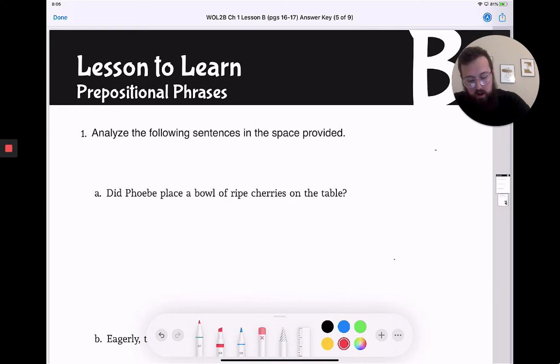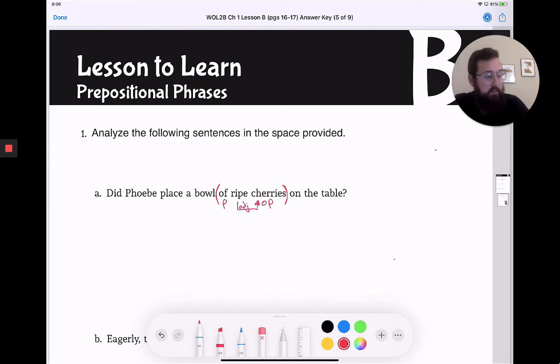So, of ripe cherries is a prepositional phrase. I have of as my preposition. Cherries is the object of my preposition. And ripe is an adjective for cherries.